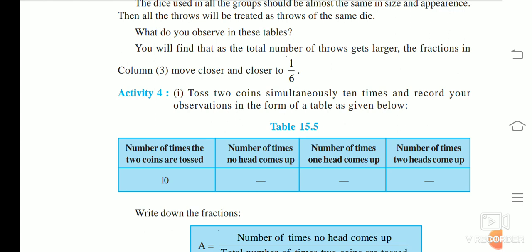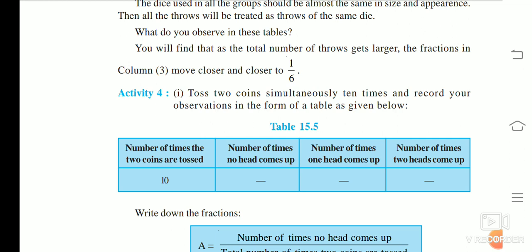Next, number of times one head comes up, that is one head and one tail, any one head in any one coin. You just note this down in number of times one head comes up. Suppose first coin tail, second coin head, you need to note down for the first trial.